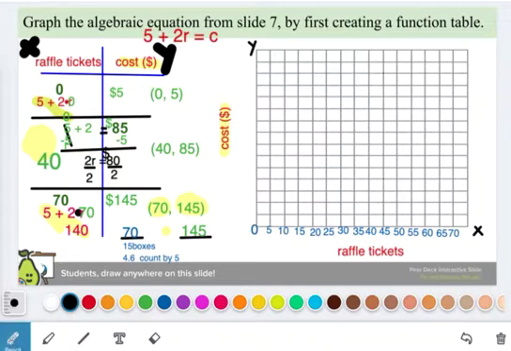How do I know it's 15 boxes? Let's go back. 1, 2, 3, 4, 5, 6, 7, 8, 9, 10, 11, 12, 13, 14, 15. There's 15 there.